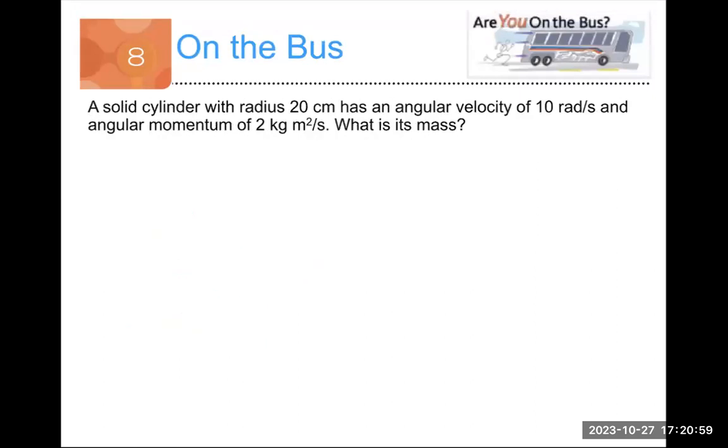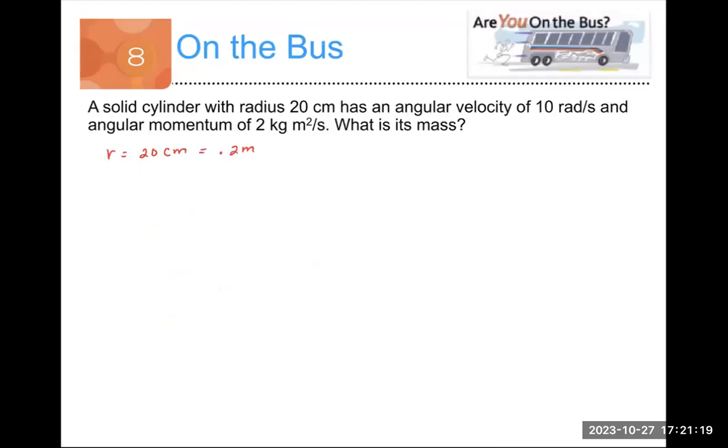Now, in this case, you're told you have a solid cylinder with a radius of 20 centimeters, which we have to convert to meters, so that's simply 0.2 meters.